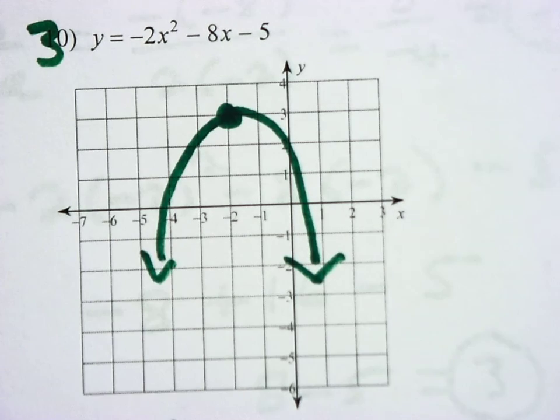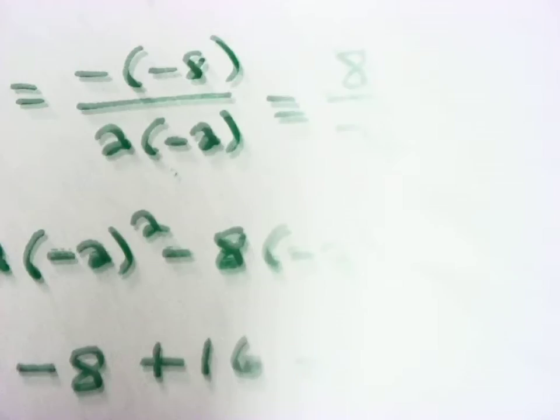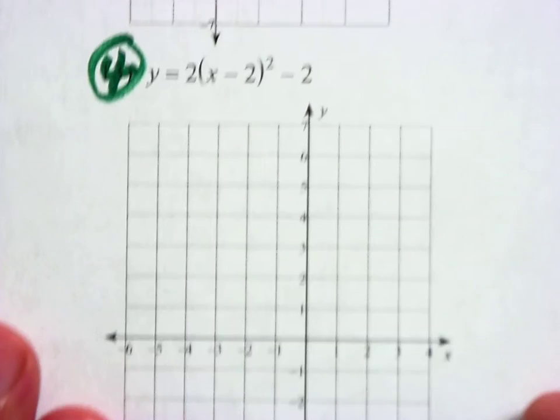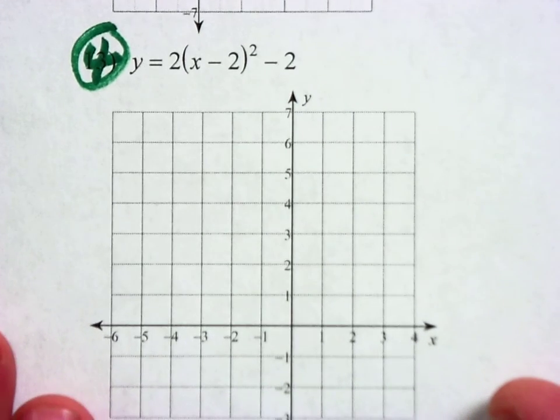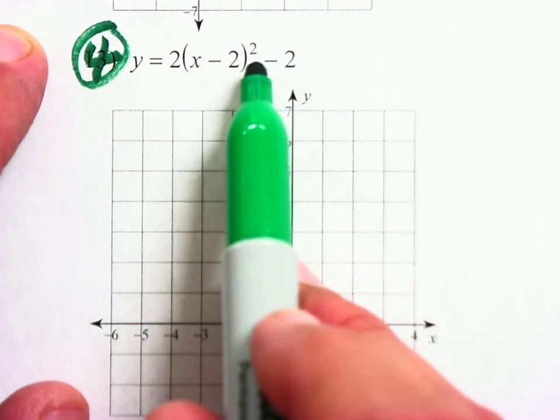All right, I've got one more quadratic I want to graph. This one you'll like better because it's in vertex form, like number 4 here, our last example. And you remember what vertex form is, right? It's going to have that parentheses to the second power.